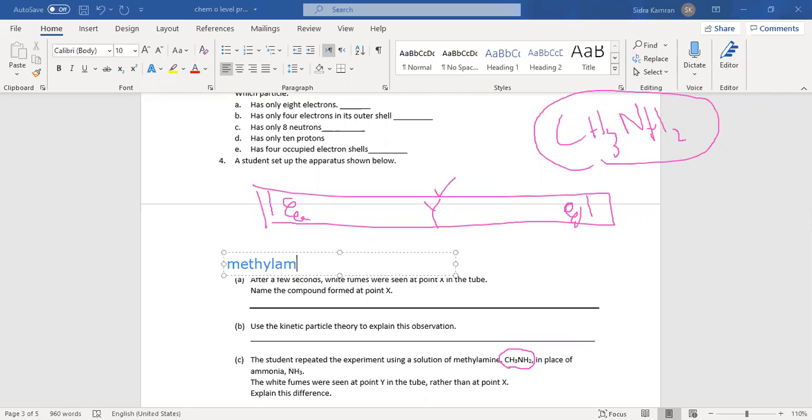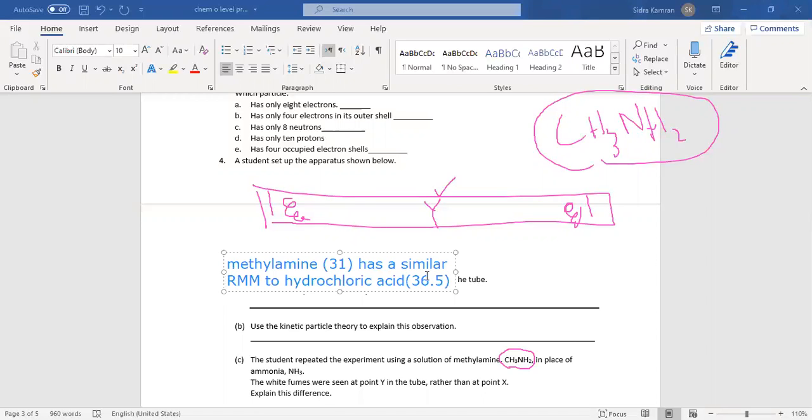Methylamine, which having relative molecular mass 31, has a similar relative molecular mass to hydrochloric acid. Hydrochloric acid having relative atomic mass 36.5.